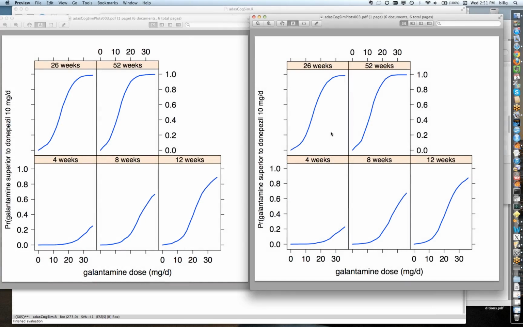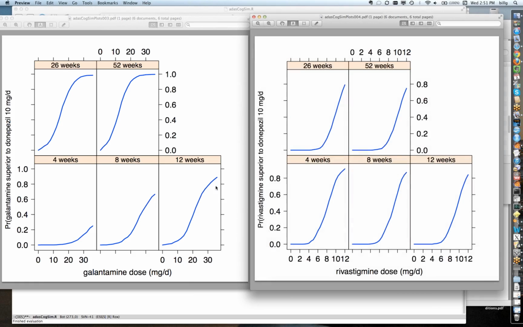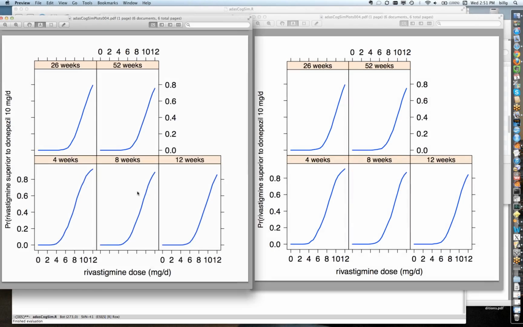However, it doesn't make much difference, fortunately, in terms of these particular comparisons. You can see these pictures are very close. I'm almost tempted to overlay just to see, but they're very close to each other. So it had rather little influence on this probability estimate. As I recall, that was also true for the other compound.